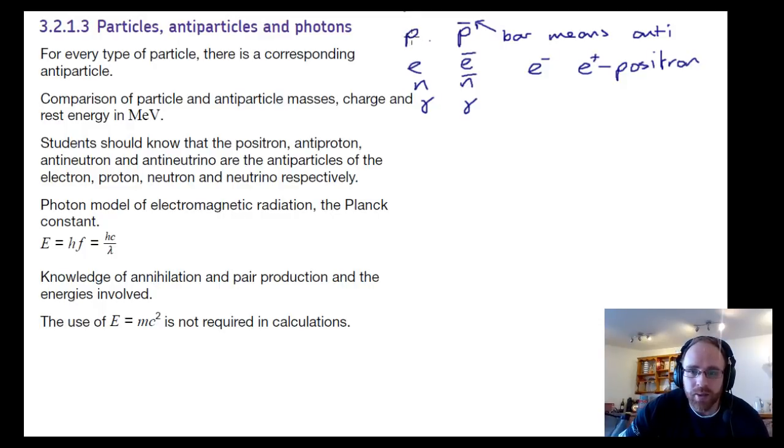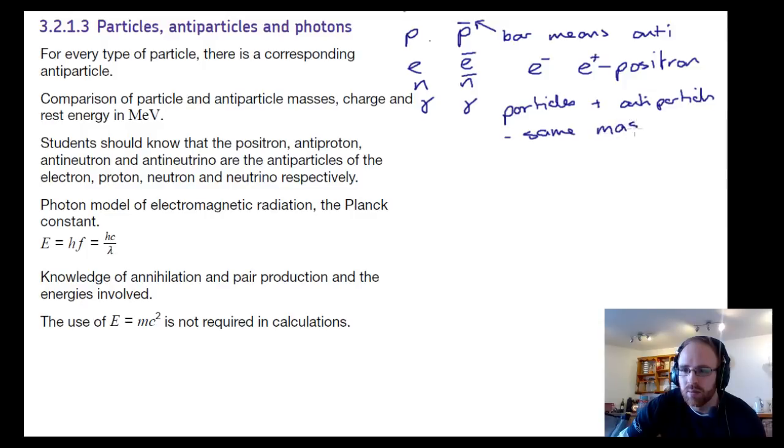So with our protons, particles and antiparticles have the same mass, same rest energy, but opposite charge.